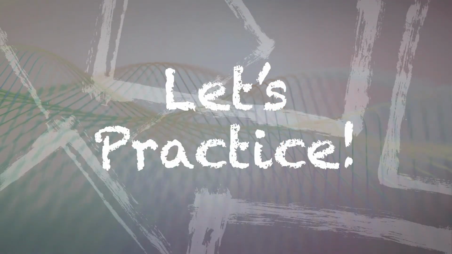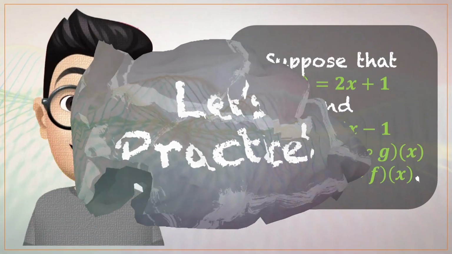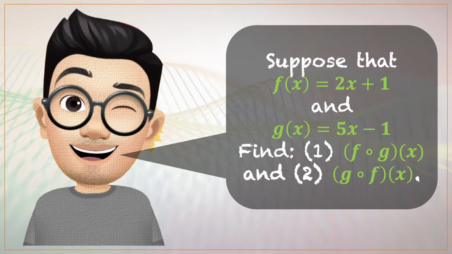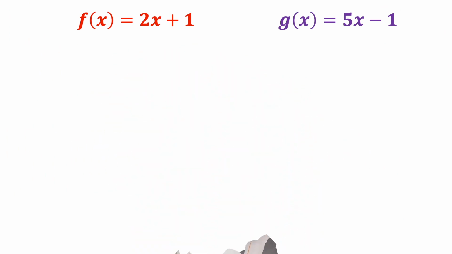Let's understand further composite functions using examples. Suppose we have f of x equals 2x plus 1 and g of x equals 5x minus 1. Let's find f circle g of x and g circle f of x.